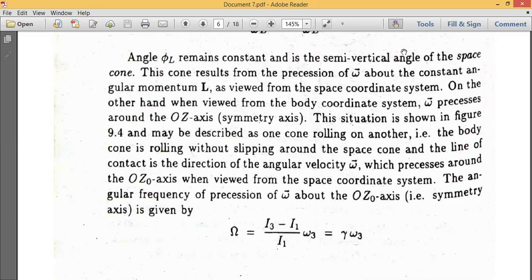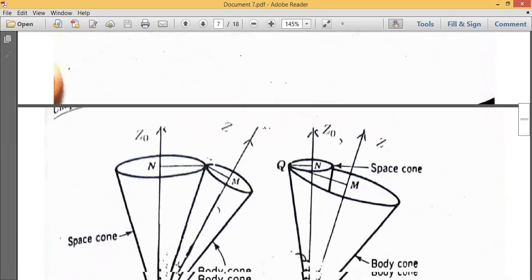The angular frequency of precession of omega about the OZ axis is sigma is equal to (I3 minus I1) divided by I1 times omega 3, equal to gamma omega 3.